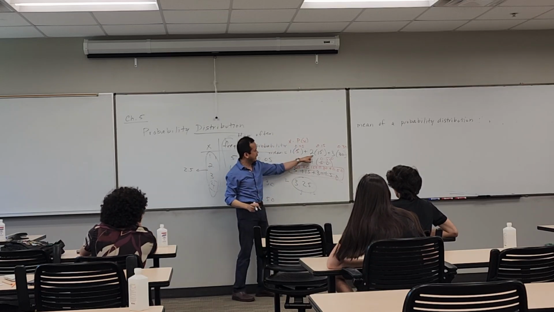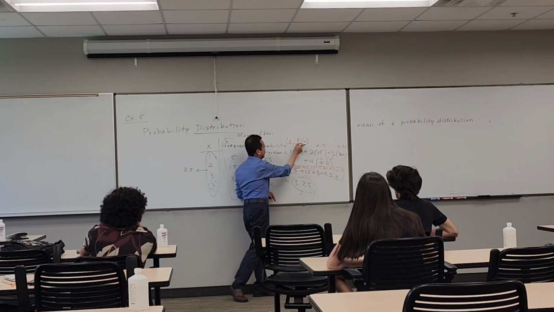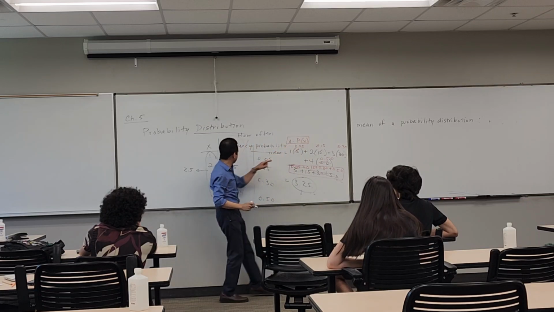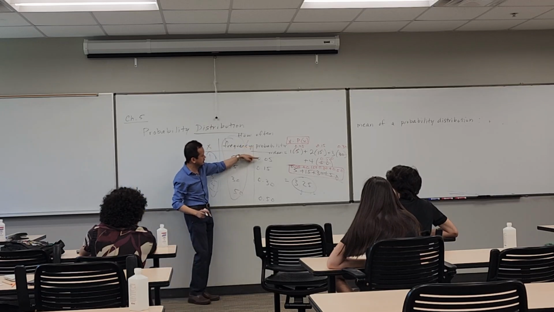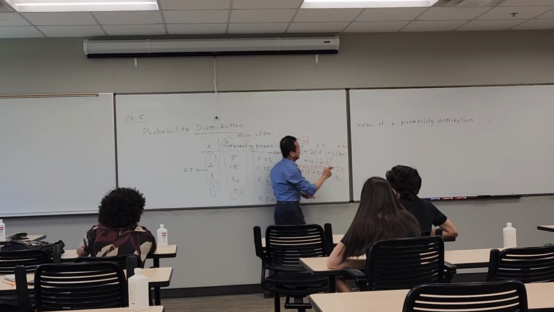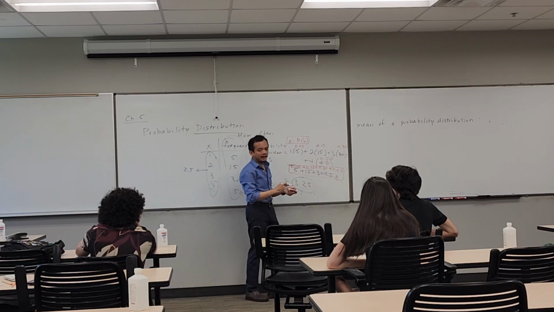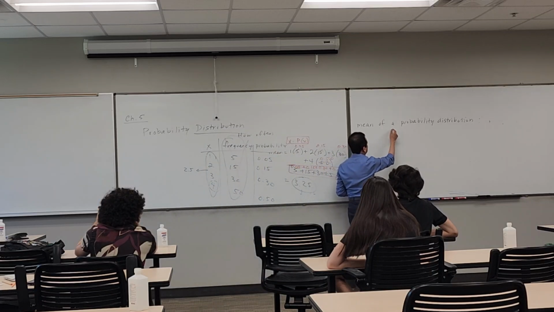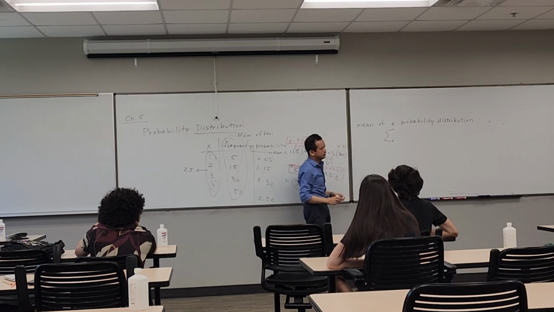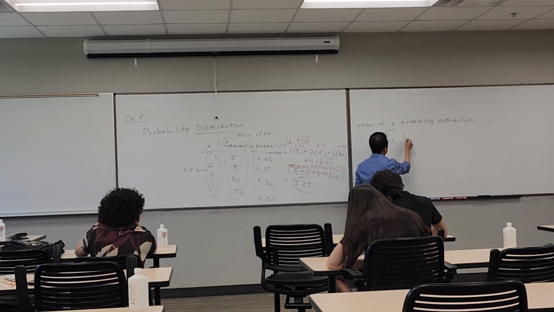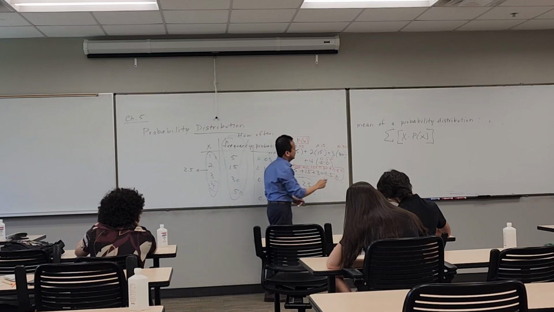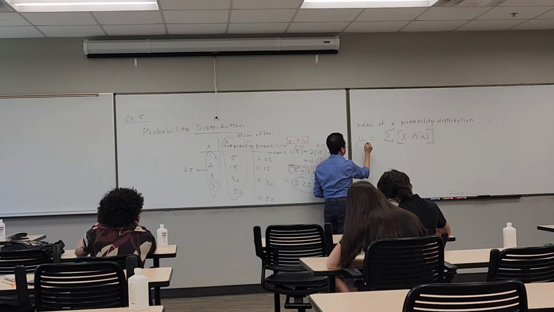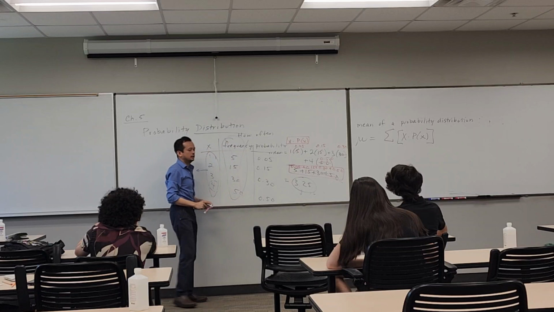So each of these sums being added has a term comprised of x times p of x, where x is an entry in the first column, and p of x is an entry in the other column. So it's simply the sum, using the summation symbol, of x times p of x. This is the mean of a probability distribution.